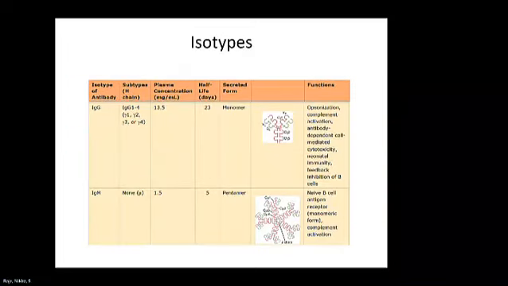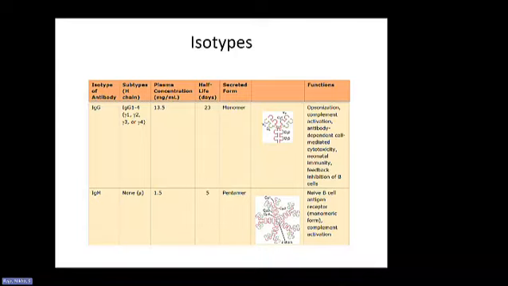And then IgG, it is present as a monomer. There are subtypes of IgG, subclasses G1 to G4, and of course we know different types of functions that IgG performs, including opsonization, complement activation, ADCC, neonatal immunity, and it also provides feedback inhibition for B cells.